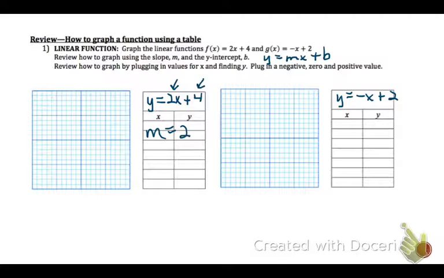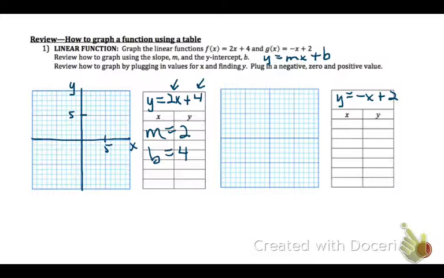My y-intercept is this. So b equals 4. Now on your graph, you want to draw an xy axis and label x and y. Then you want to label a scale. So I usually just label 5 and 5. Just one number on the x and one number on the y-axis.